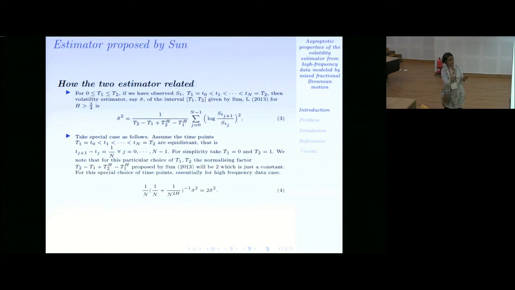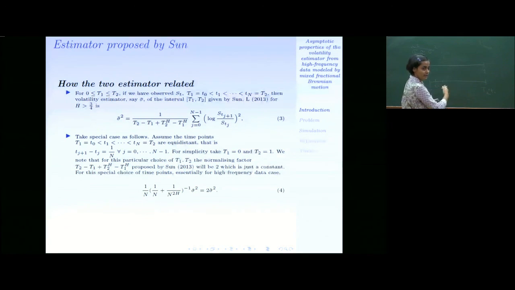So what we have done: in our case the partition is not an arbitrary partition. It is an equal-interval time partition. If I have n partitions, a typical interval is j/n to (j+1)/n, for the whole range of H. And in our case, the starting and end time points are fixed, 0 to 1.